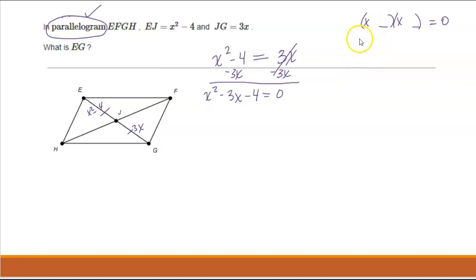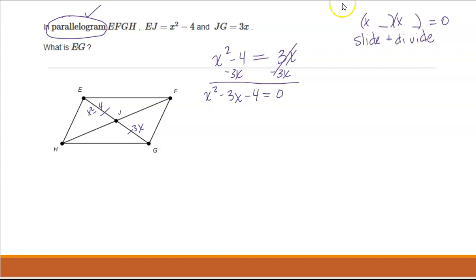Some people use this method called slide and divide. It seems like a trick to me, so I don't love it and I don't teach it. You're welcome to Google it and look it up on YouTube and watch some videos, and maybe you like it, but it's not something I'm going to teach. If you want to come to office hours, maybe we can play around with it.